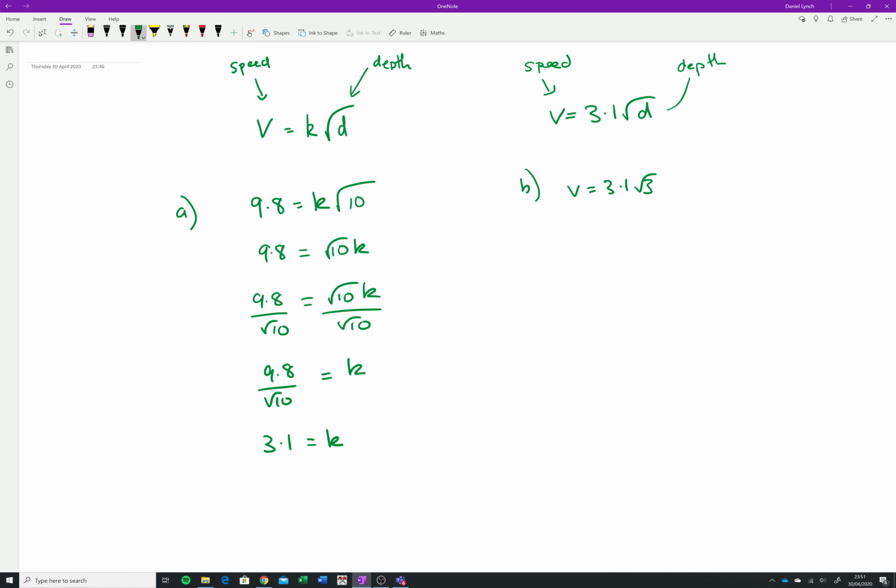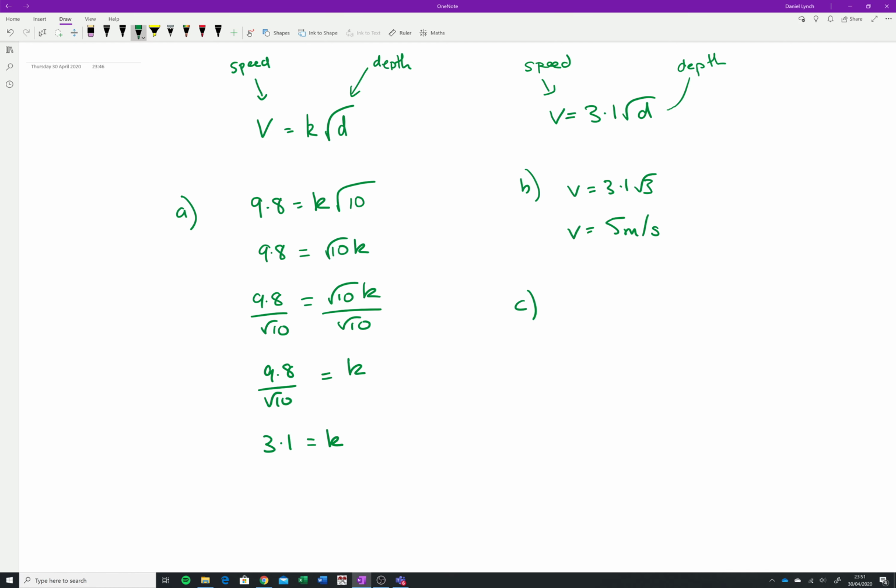And they're asking us to get this to the nearest whole number. So 3.1 times root 3. The nearest whole number there is 5, because it's 5.36. Don't forget to put in the units. It's meters per second. K was just a constant number, there were no units attached to that one.